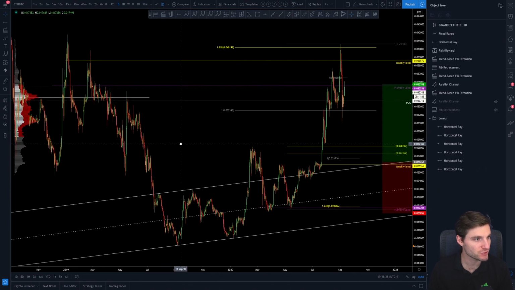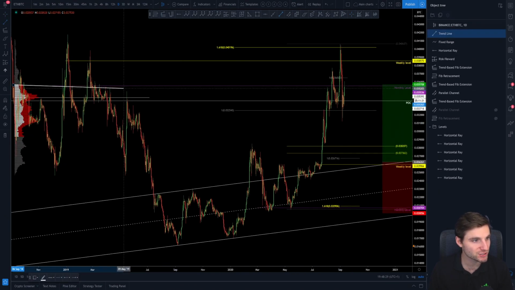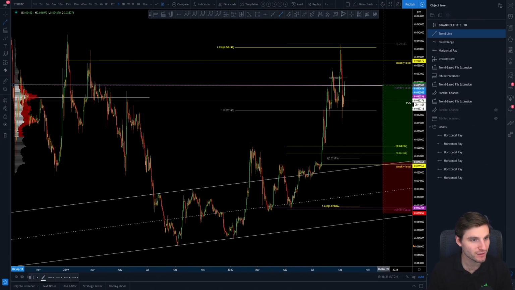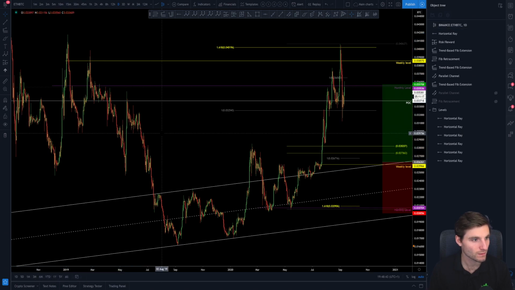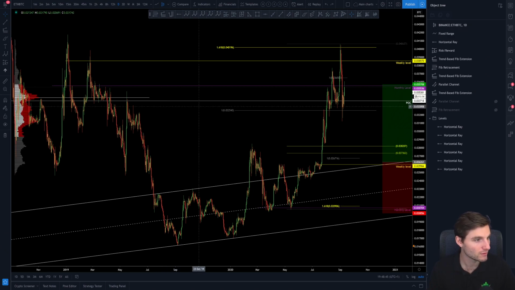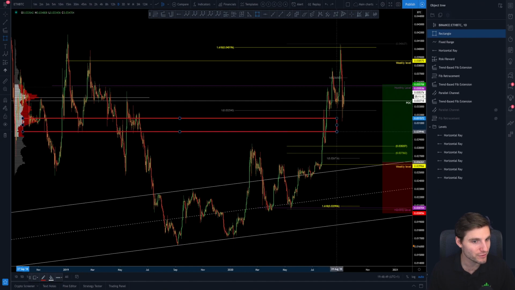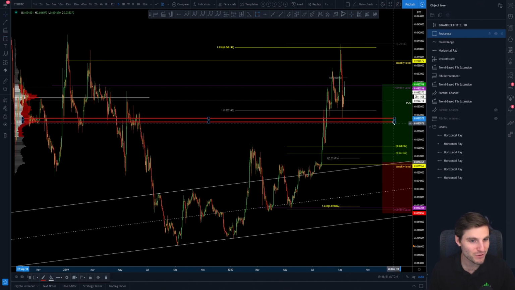Okay, so there's your confluence, where this monthly, the old range value area high, sits on that monthly. Oh, wow. And then that old range high volume node, you see how that perfectly sat on that wick?